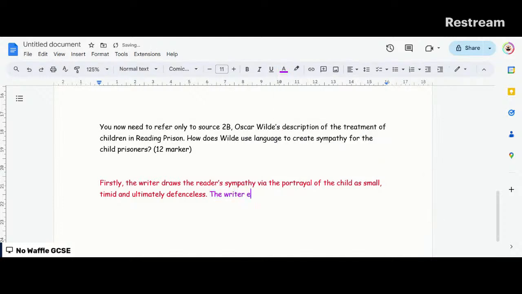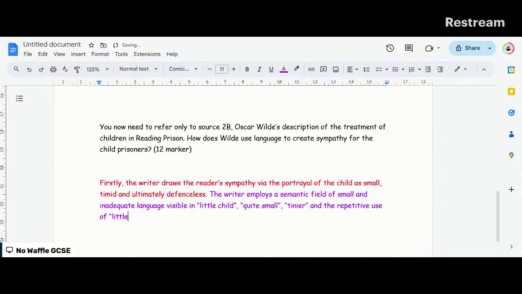So, evidence: the writer employs a semantic field of language that is small, or we can say of small and inadequate language, visible in little child, quite small, tinier, and the repetitive use of little.